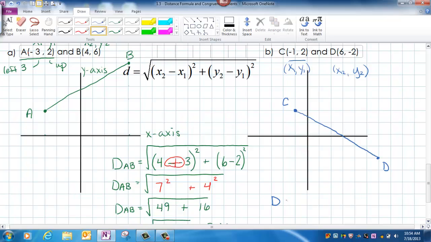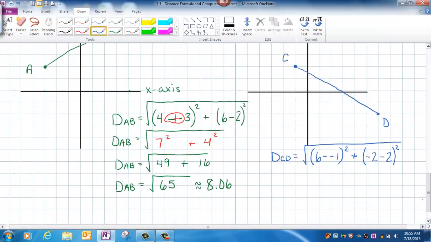The distance from C to D, follow the formula, put a square root, parentheses. Now we have to do our x2, which is 6, minus the other x coordinate, which is -1. So 6 minus -1, and square that. Plus, then we have to do y2, which is -2, minus y1, which is +2, and square that.